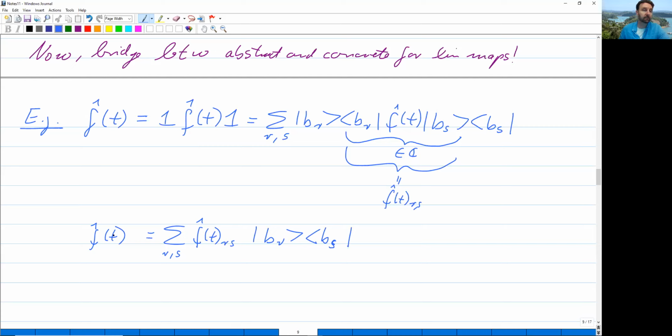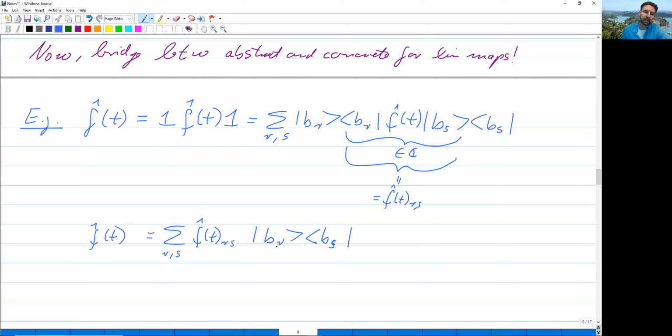Okay, so what we have achieved, this was a definition, is that we expressed the abstract linear map on the left in terms of its concrete matrix elements in the basis of the b.